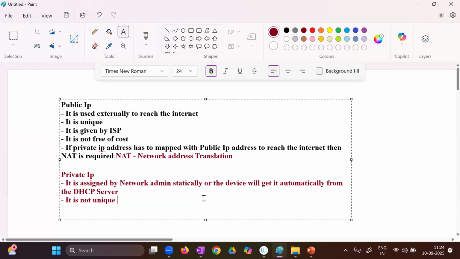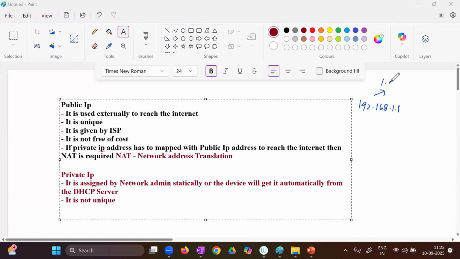I'm not telling you that in the same network you can assign the same IP. No. Let's say you have an IP of 192.168.1.1. This IP belongs to one network.